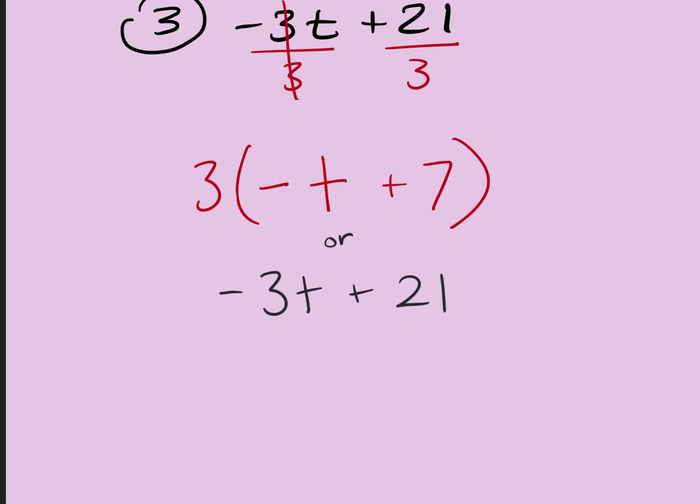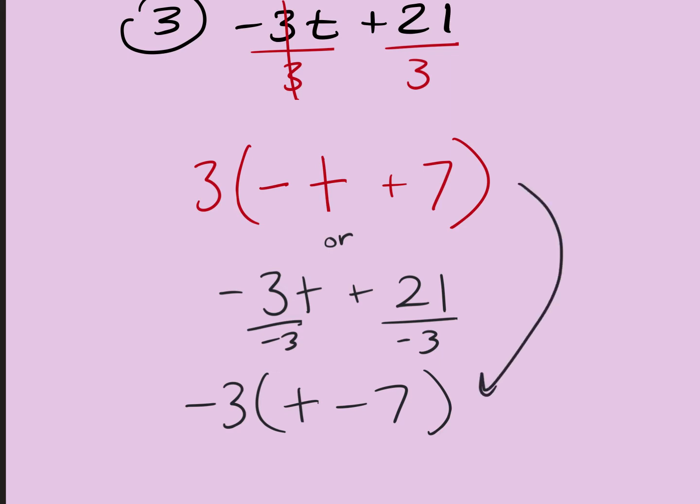What about a negative 3? I could divide both of these by negative 3. So negative 3 goes to the outside. What would I be left with on the inside if I take out a negative 3? t minus 7, because 21 divided by negative 3 would be negative 7.